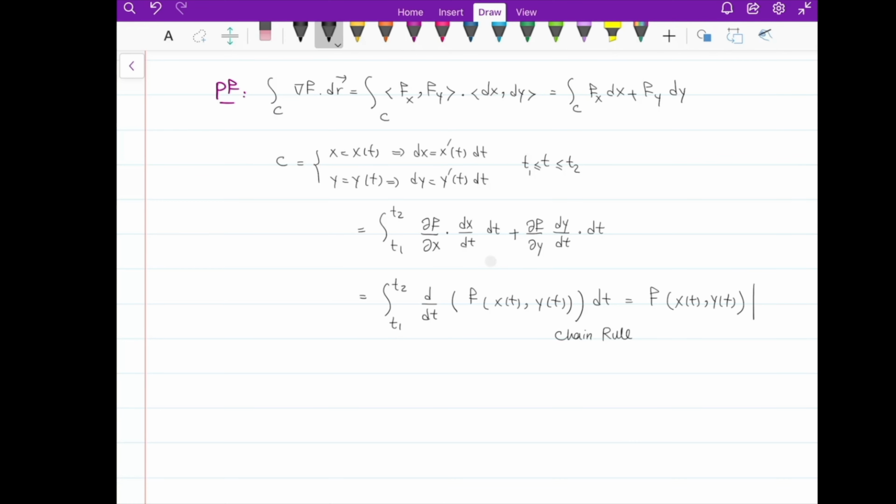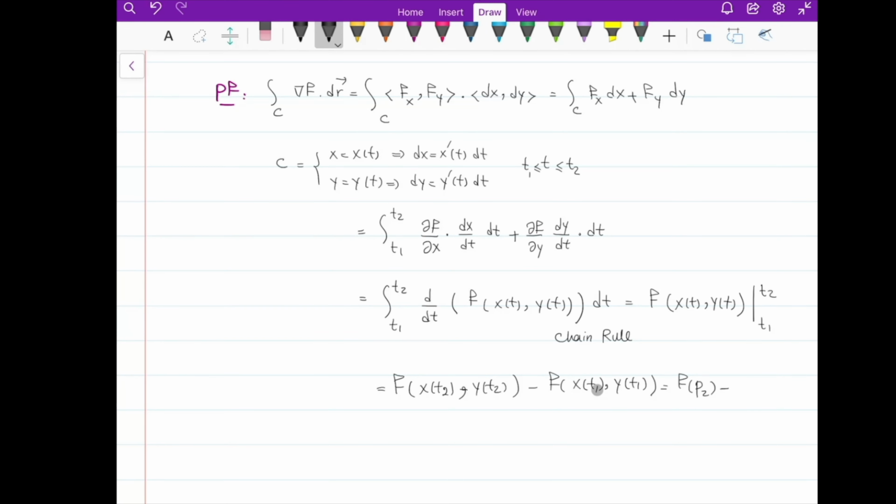Okay, and it's from t1 to t2. So what? f of x of t2 and then y of t2. Let me write this. f of x of t2 and y of t2 minus f of x of t1 and then y of t1. Okay, so the parameterization at the time t2 is the point P2 minus the parameterization at the time t1 is the point P1.